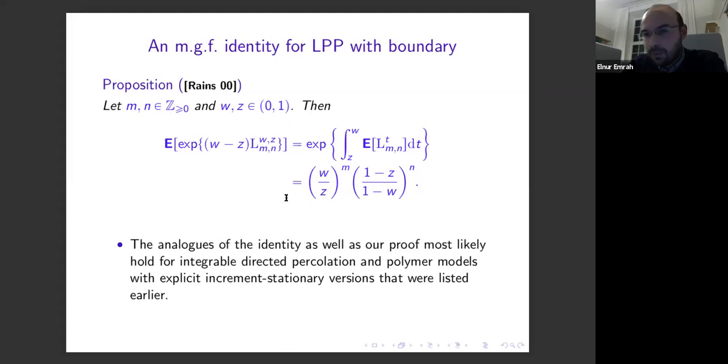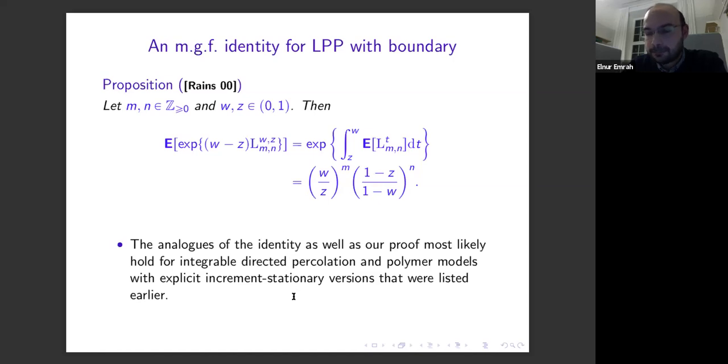Now, one may ask if this is limited to the exponential model, and the answer is no. In fact, versions of this identity were already known to Rains in his preprint for a variety of integrable models.